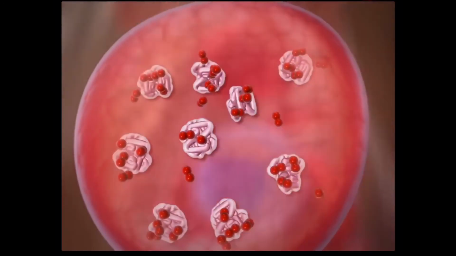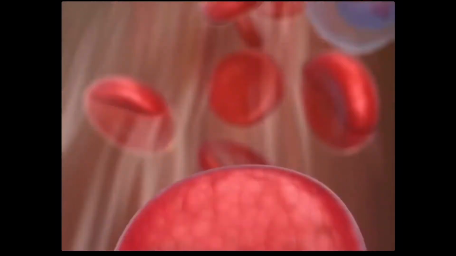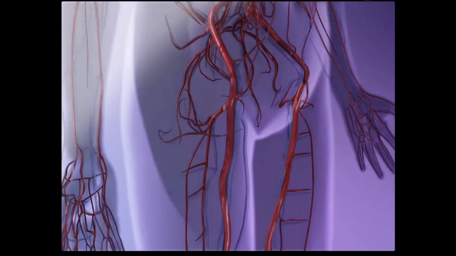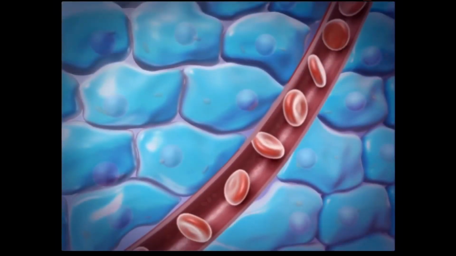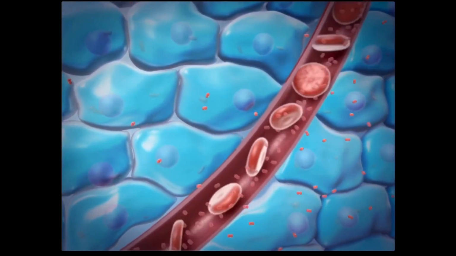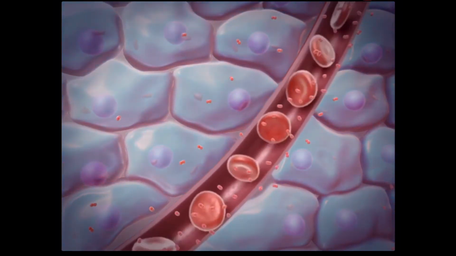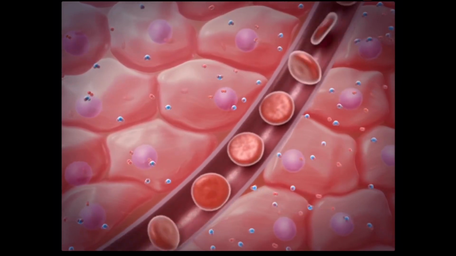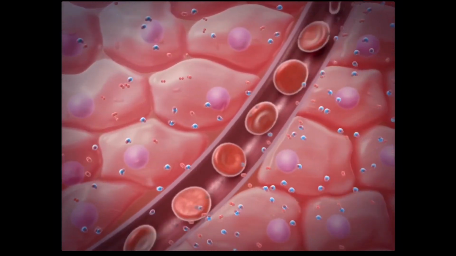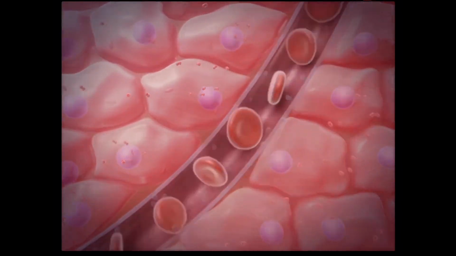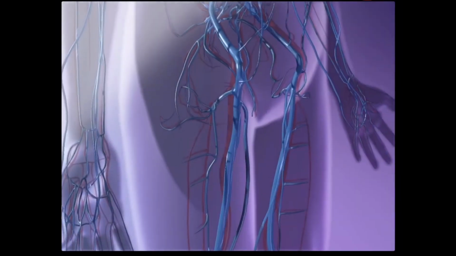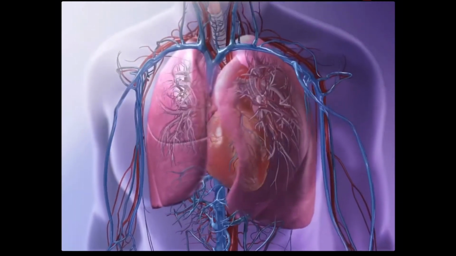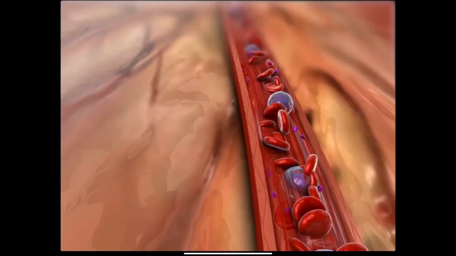Here you can see the oxygen binding to the hemoglobin, and the red blood cells are off now, going through the body, and here they are at the respiring tissues and releasing the oxygen to those respiring tissues that need it. And notice now the waste products of carbon dioxide are dissolving into the blood plasma and some into the red blood cells, and now are transported back towards the lungs where they will release the waste.